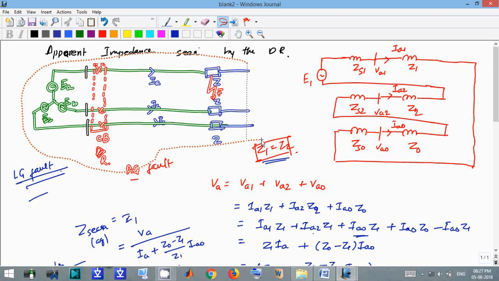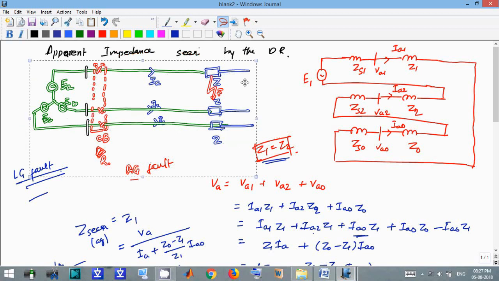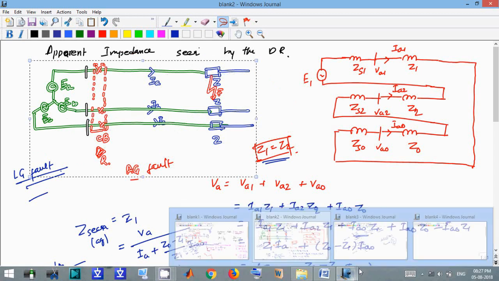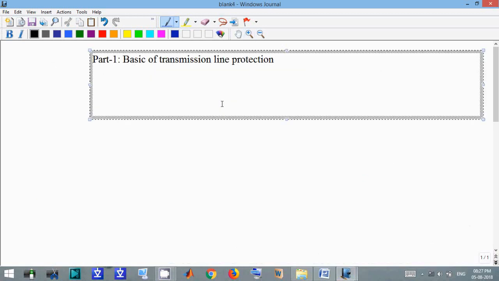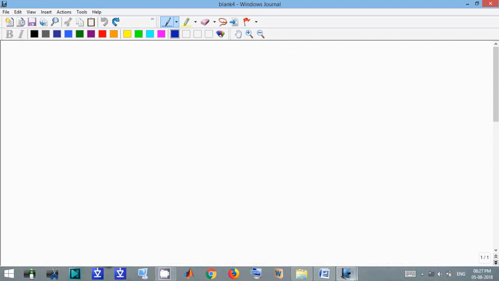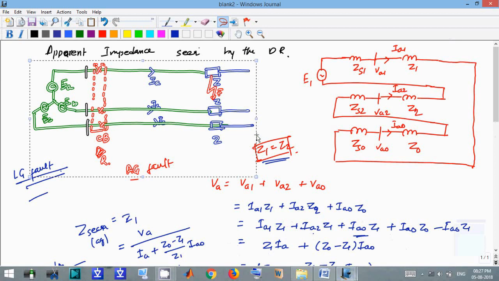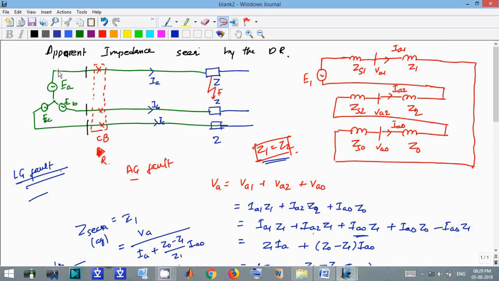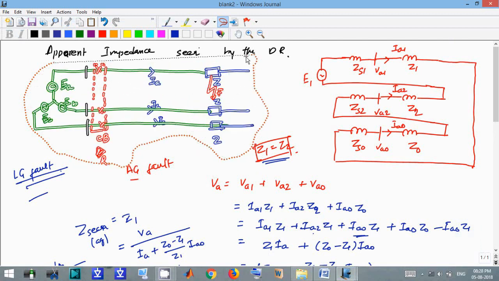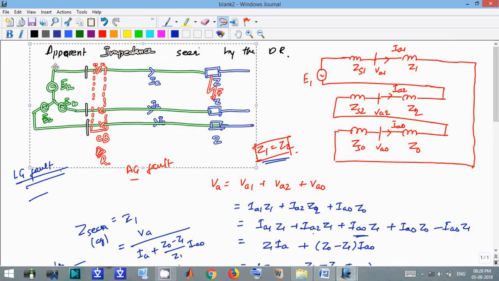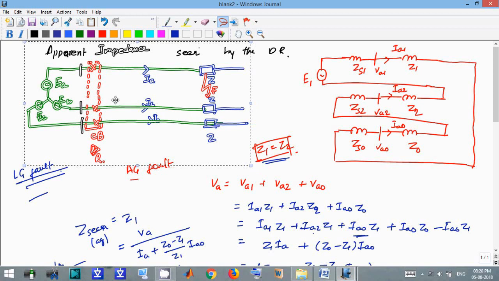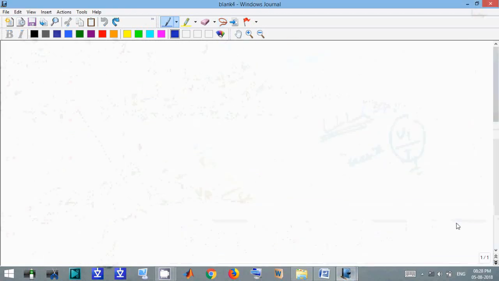Copy these things and paste it here. I need to copy this thing. Okay, whether it can be pasted or not.